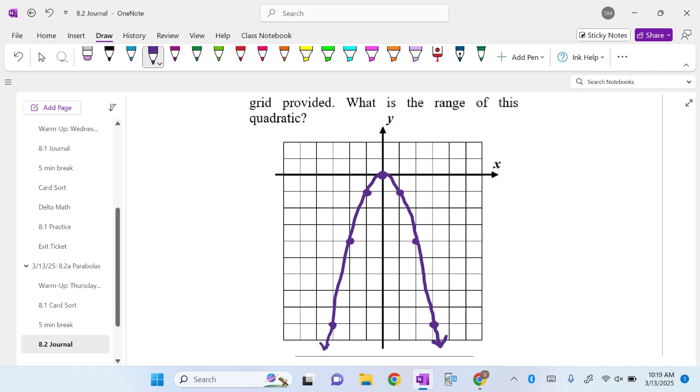What did you notice about the graphing process while you were graphing it? They're like opposite each other, or like they're the same distance from each other. Why do you think that is?